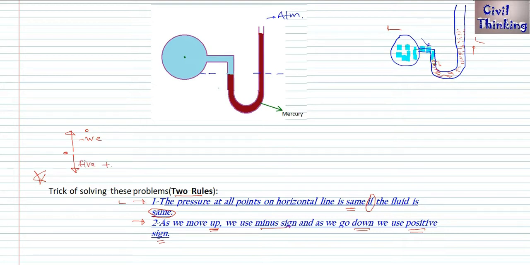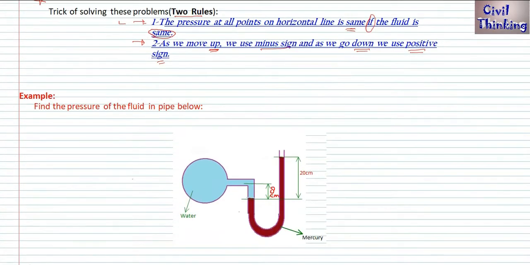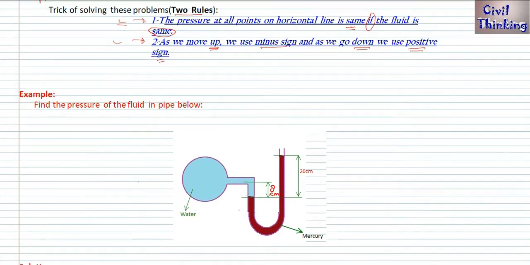These two rules are very important. Don't worry, I will explain more about why and in what context I'm saying this. I think we should solve some problems to make you understand these two rules.